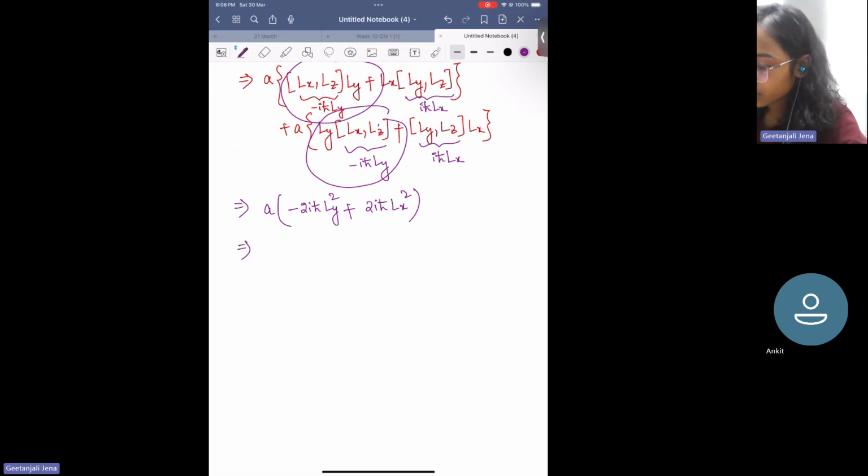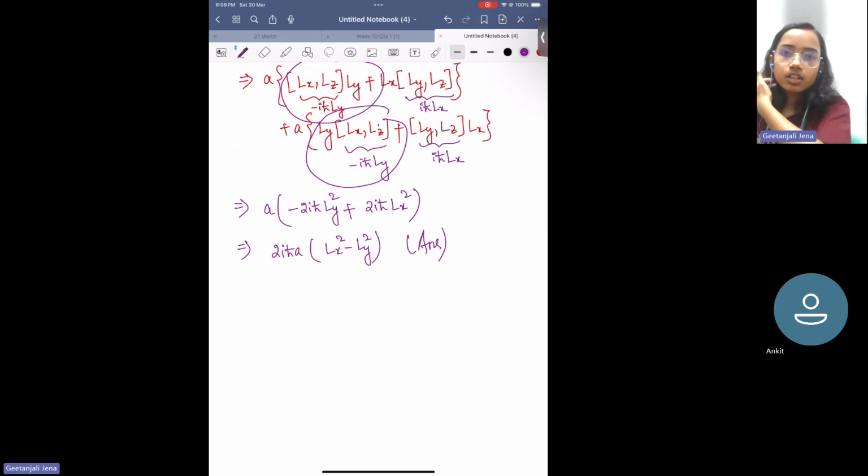So now you got 2i h-cut A (Lx square minus Ly square). This will be the commutation relation for the Hamiltonian with the z component of orbital angular momentum.